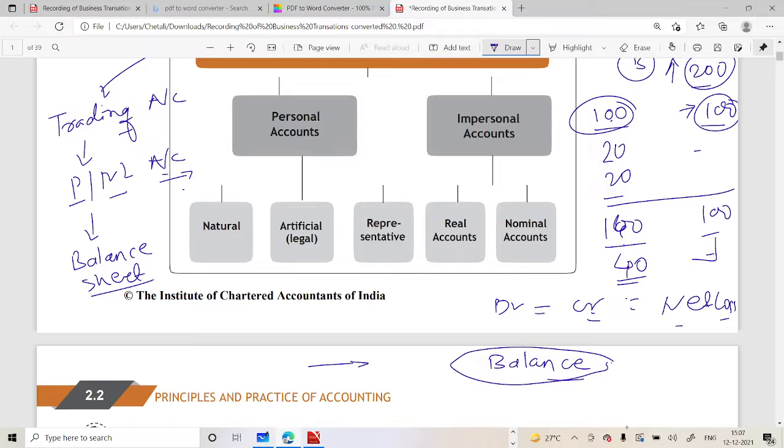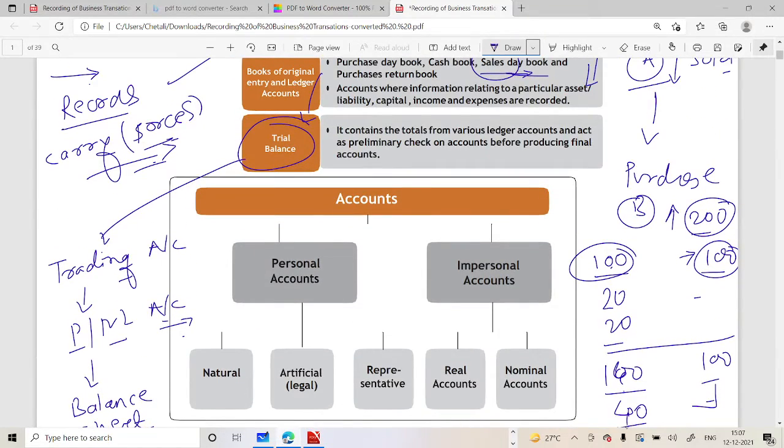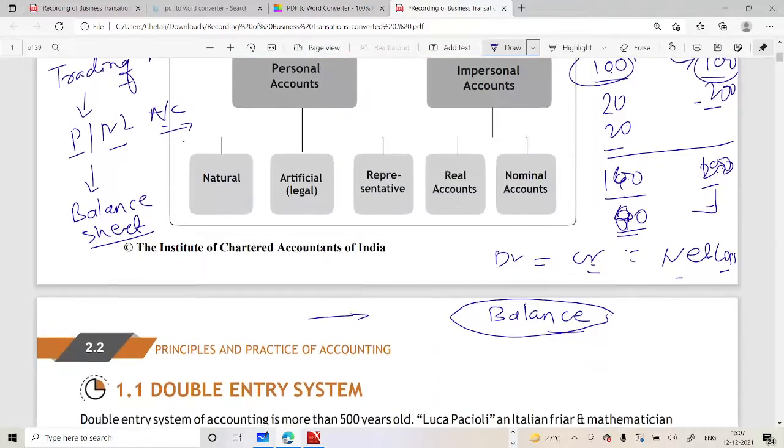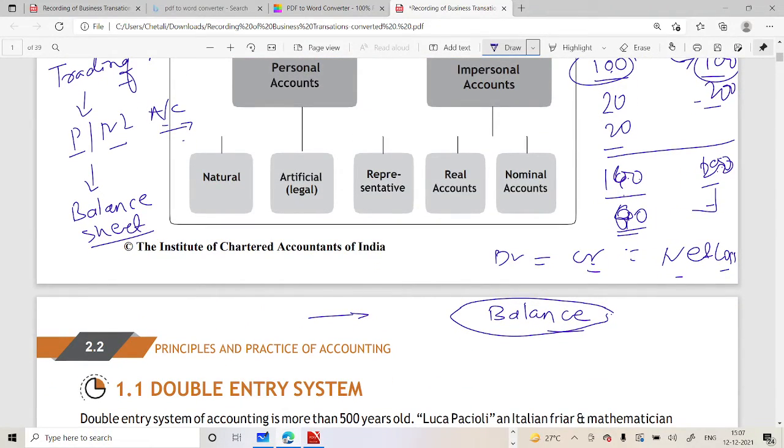But eventually your trade was in profit, because the actual value of your sale is around 200. If you record 200 as your credit balance, then the entire picture would be different.